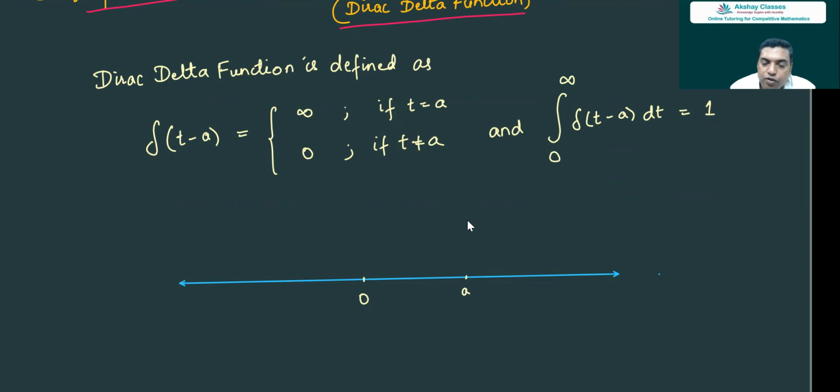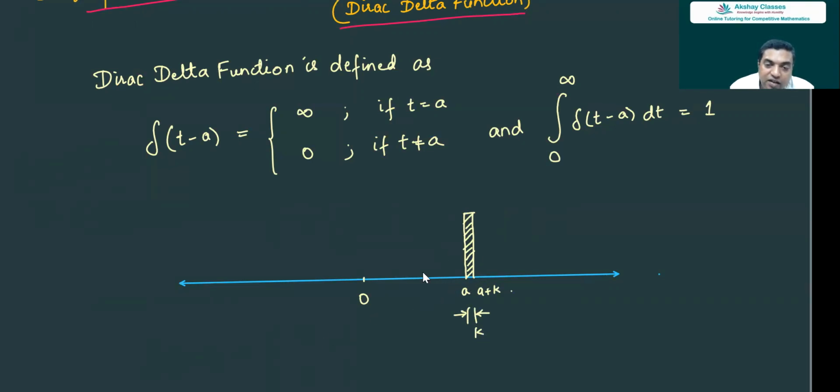Now for a small strip here, a to a plus k, the width of this area is k.